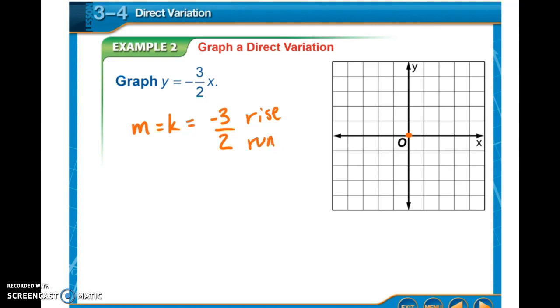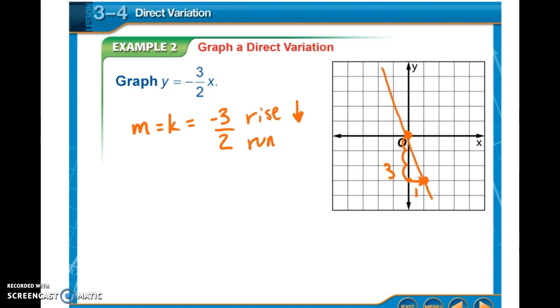So what I do is I start at 0, 0 because all of these direct proportional ones go through the origin. And because it's a negative 3, I'm going to go down 3. That's why it's important to give the negative to just the top one. Down 3. And then from here I'm going to go over 2, because that's our run, and then plot another point.